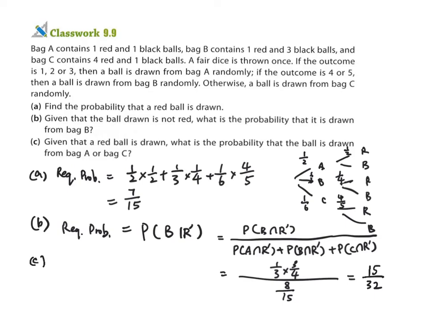Given that this is a red ball, what's the probability it is from A or B?